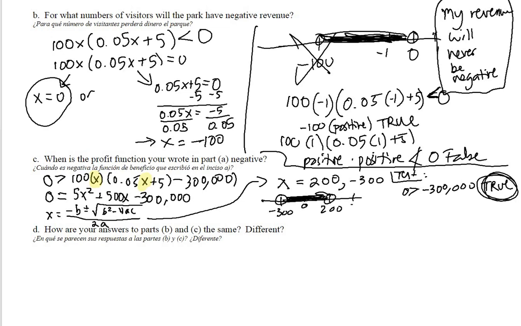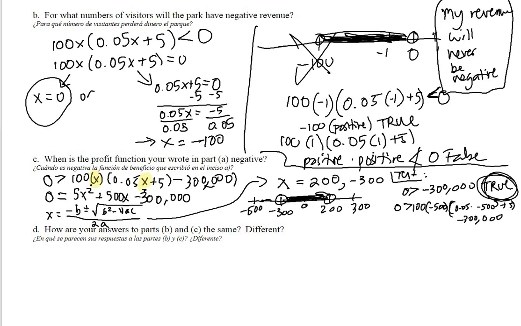Let's also pick, I don't know, maybe 300 and plug that in, and negative 500 and plug that in. So if I do negative 500, that's 0 greater than 100 times negative 500 times 0.05 times negative 500 plus 5 and minus 300,000.